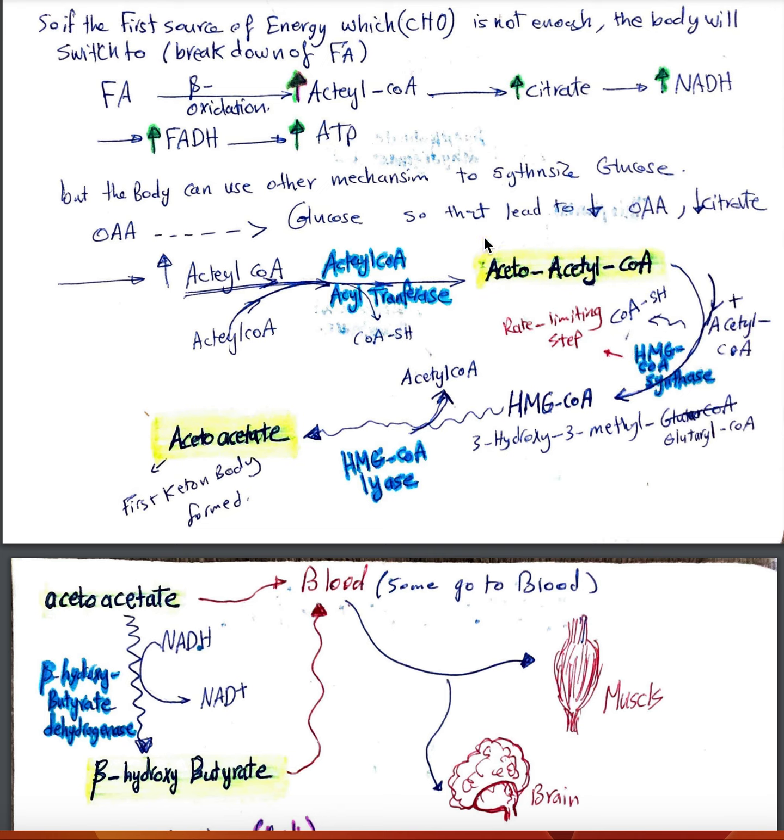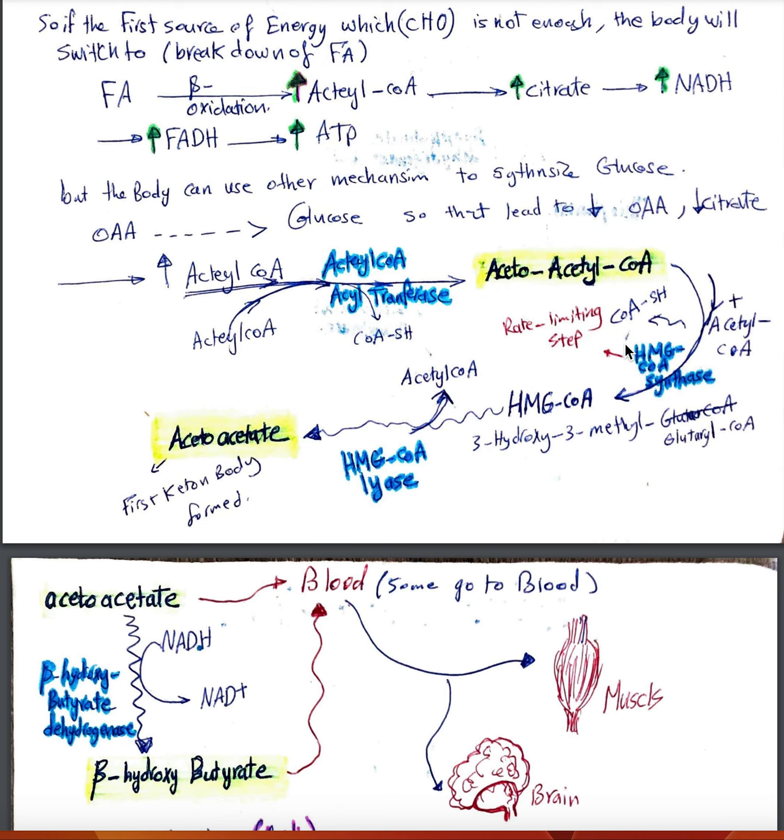And then another acetyl coenzyme A enters the reaction, so we now have three acetyl coenzyme A. By the enzyme known as HMG CoA synthetase, which is the rate limiting step, or rate limiting enzyme.